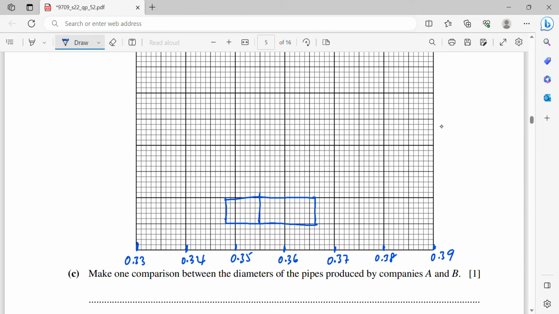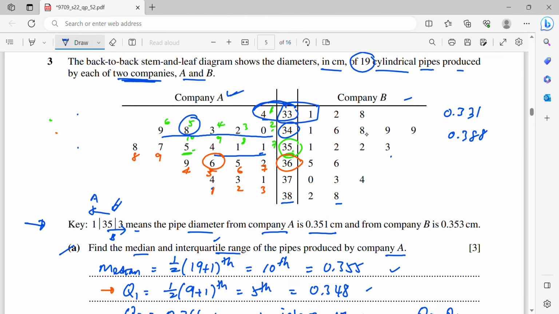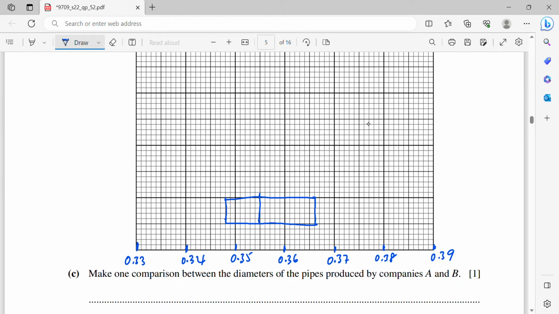So these are my Q1, Q2, Q3, and then you need to mark the smallest and biggest for A. The smallest value for A is 0.334 and the biggest is 0.374. So 334 is here and 374 is here as well. Now we just draw a line. Then here I will write company A.